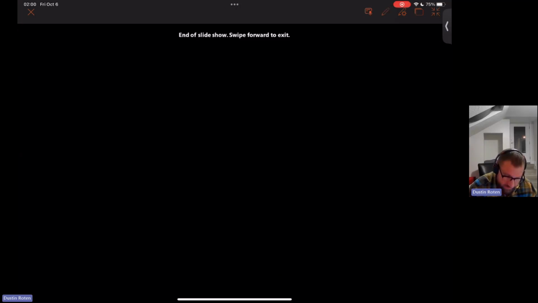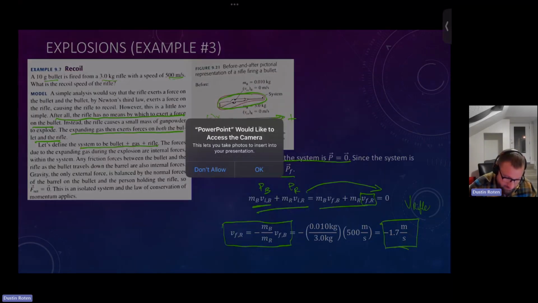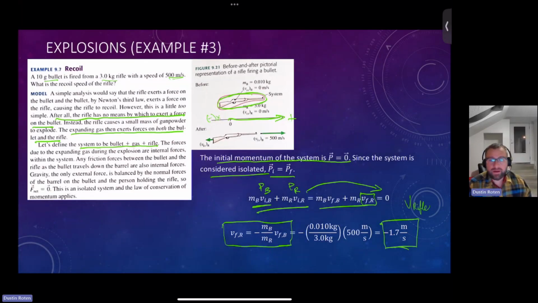So this was some very simple examples of just inelastic collisions and explosions. We're going to talk in the upcoming lecture about actual explosions and collisions in 2 dimensions. So we'll have stuff flying in the x direction and the y direction.